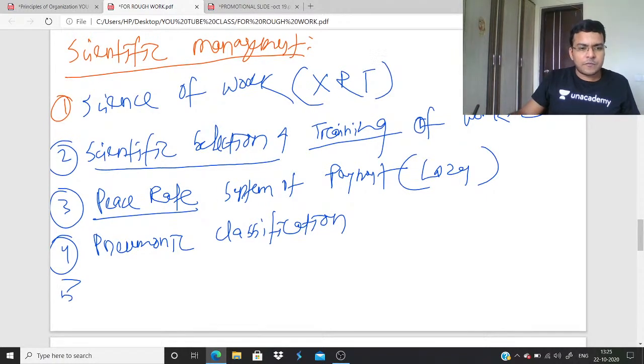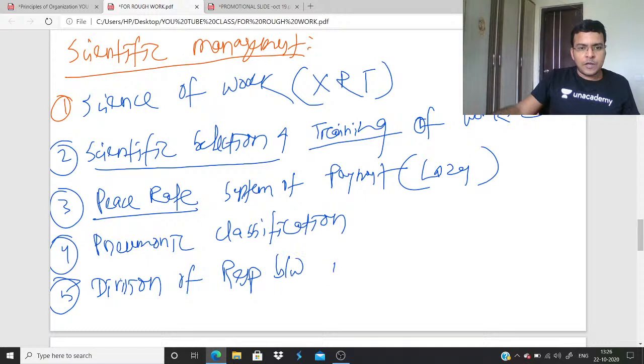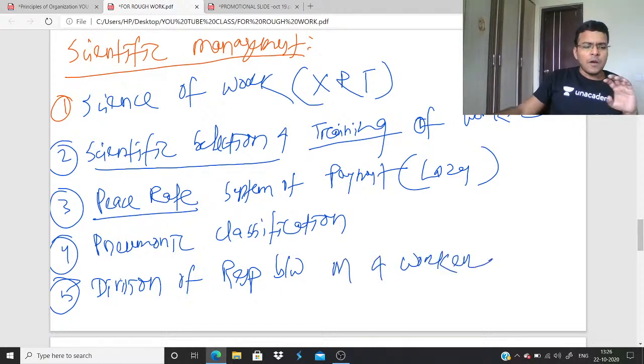Next, division of responsibility between management and worker. Before Taylor, or before scientific management, what was the scene? Only the worker had the responsibility to produce and not the manager. The manager only gave direction and the worker produced.